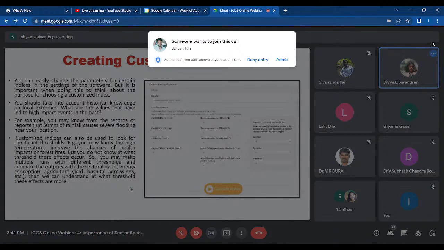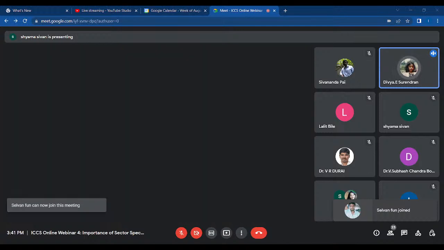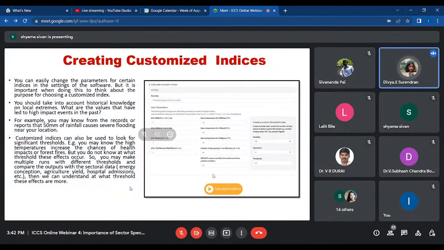So I will be showing how to use this software. But before using that, we should have an idea of what you actually want to study. If you want to study over your location, you should have a general idea of how much precipitation there was in the past, how much precipitation there was during a flood time, how much precipitation led to a severe flood in your locality.